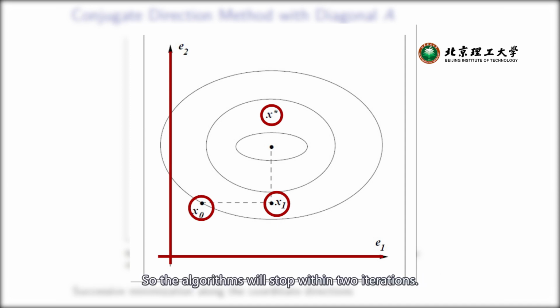So the algorithm will stop within 2 iterations. It means that we only need to search along the axis directions.